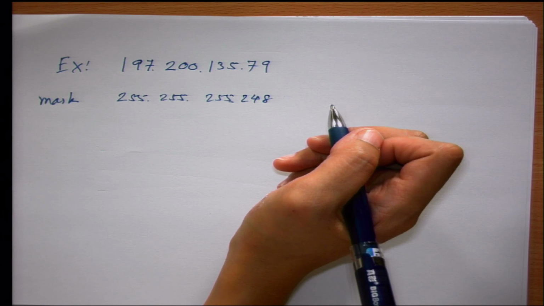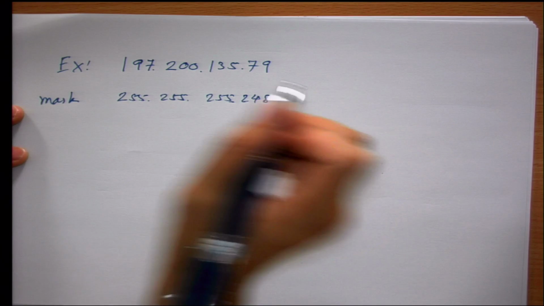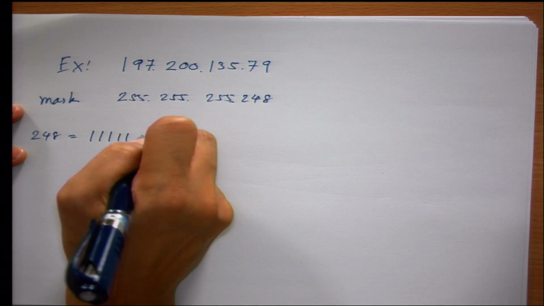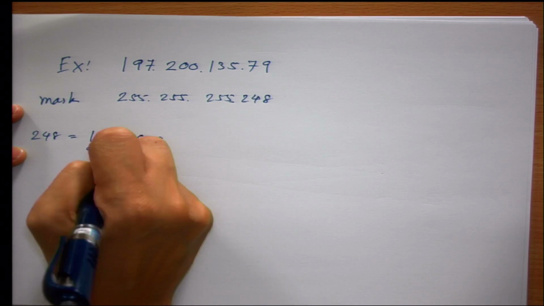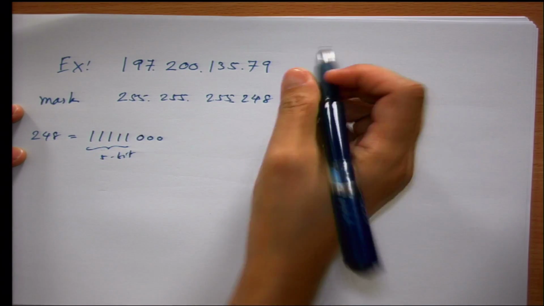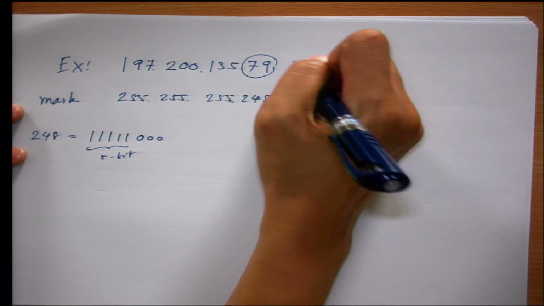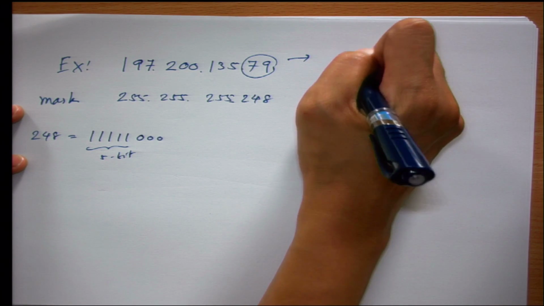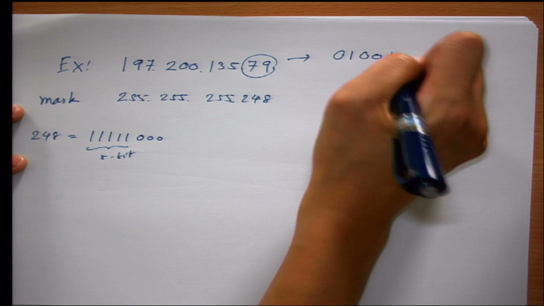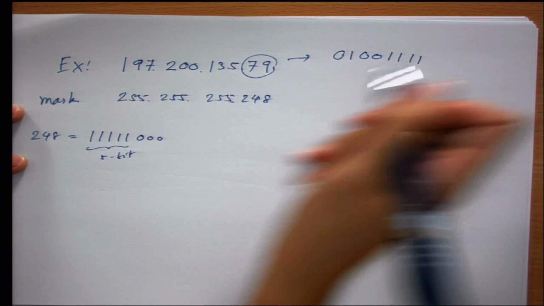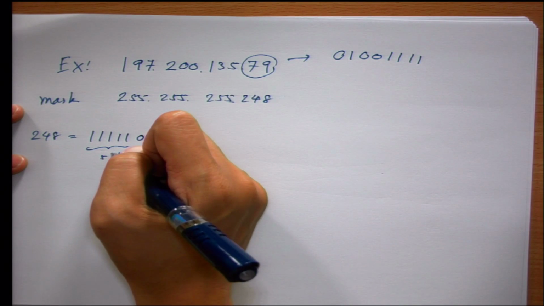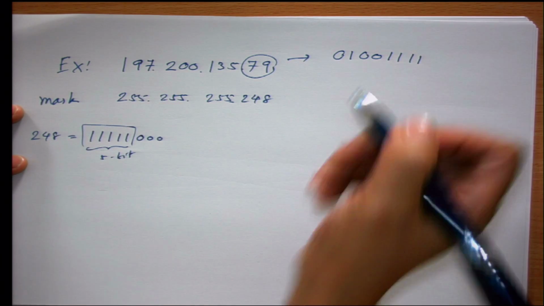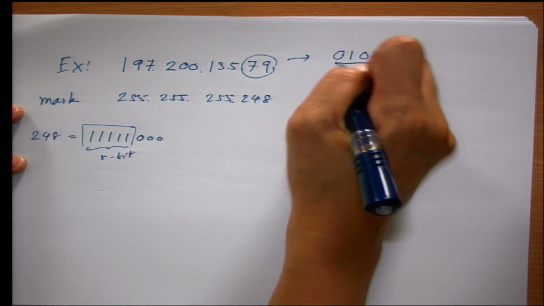What is 248? 248 is equal to 11111000, so 5 bits. So what is 79? 79 is converted to binary as 01001111. So you know that the first 5 bits are the subnet number.